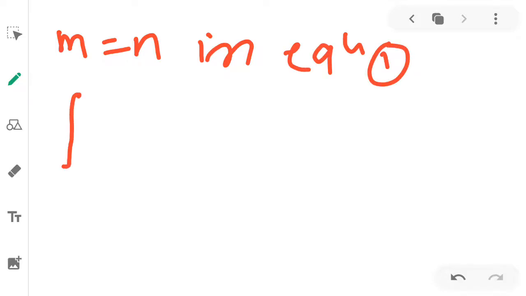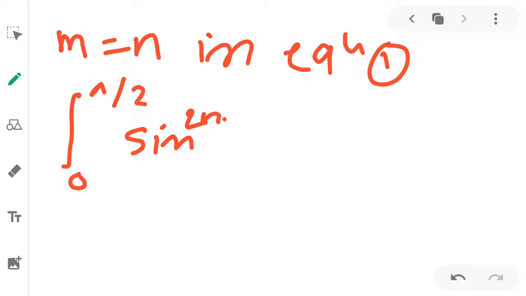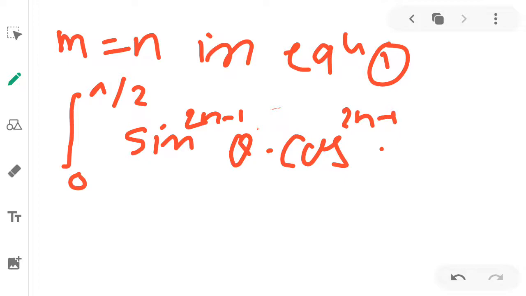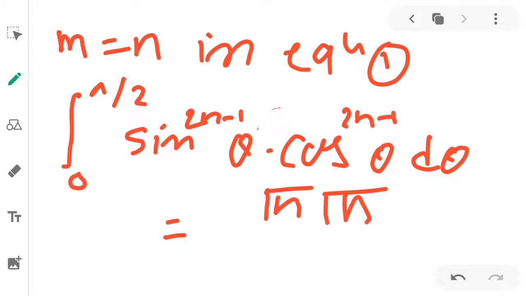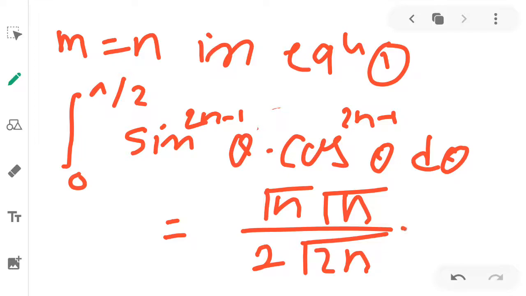We get integral 0 to pi by 2 sine to the power 2n minus 1 theta into cos to the power 2n minus 1 theta d theta, and on the right side we get gamma n square upon 2 times gamma of 2n. We take this as equation 3.